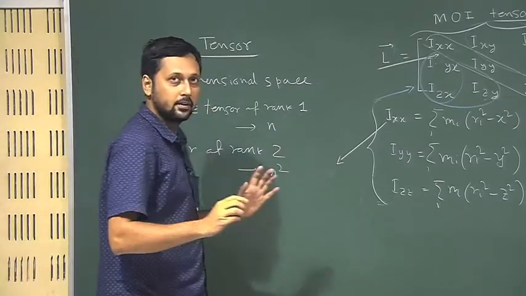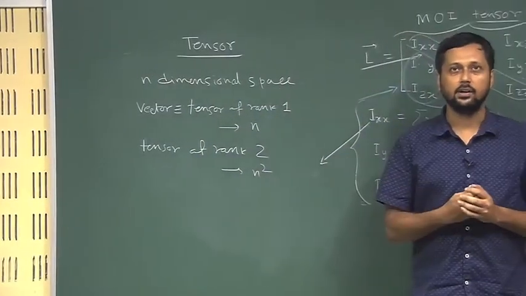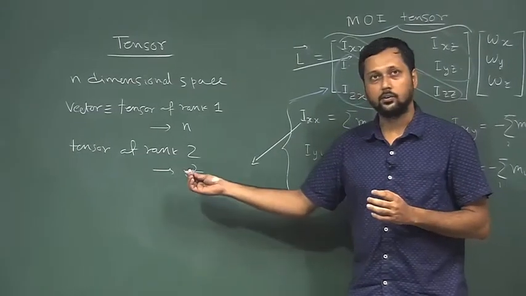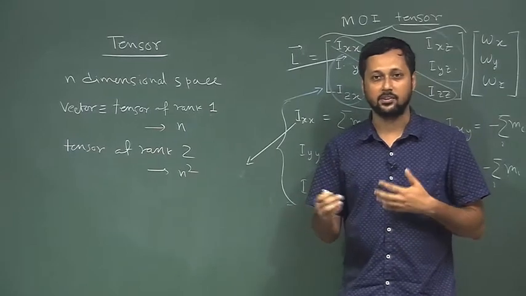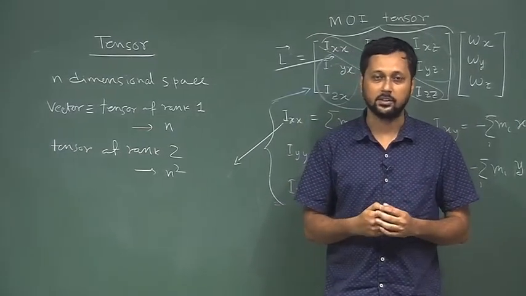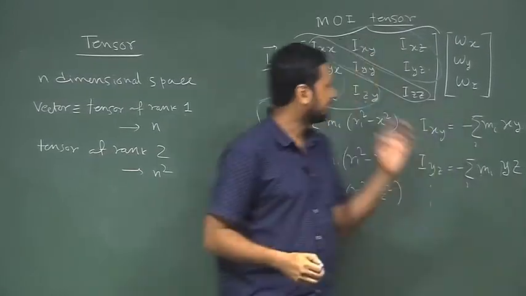Now, as the world of a rigid body is 3 dimensional, according to this law, a tensor which represents some property of a rigid body will have a dimension of n square, which is equal to 3 square, equal to 9, which is exactly the case here.